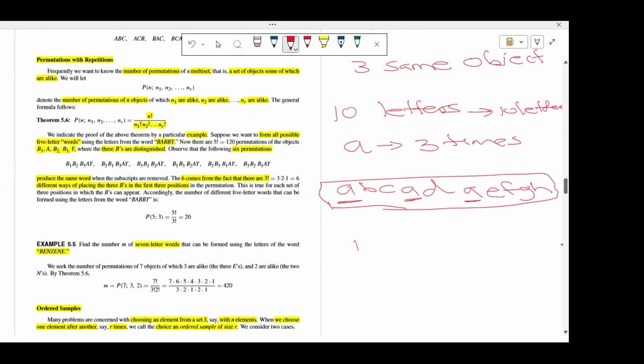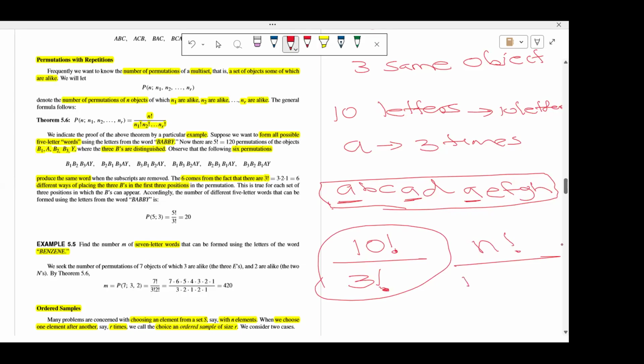We have 10 letters, so 10 factorial over, and A occurs three times, so we need to divide by 3 factorial. That is the number of words we can generate. In general, n factorial divided by n1 factorial, where the same letter occurs n1 times.